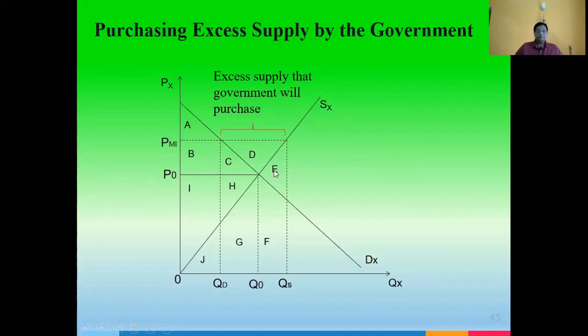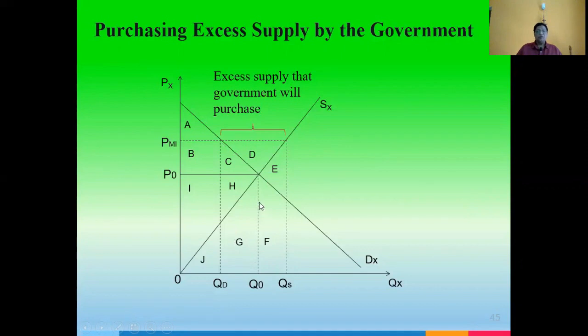Then the increase in producer surplus is given by the area of B, C, D, that is useful for the producers, but the decline in consumer surplus by the amount of B and C is the reduction in consumers' welfare. Then this is the extra cost for the government.